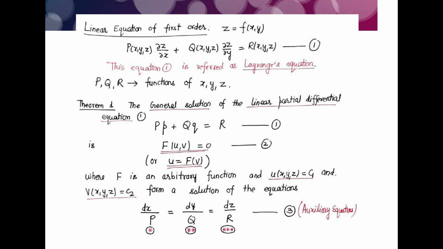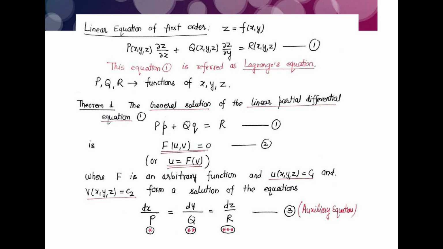So in this lecture, we will discuss how to find the general solution of the partial differential equation given by 1. This is the Lagrange partial differential equation. Here I am taking z as a function of x and y.